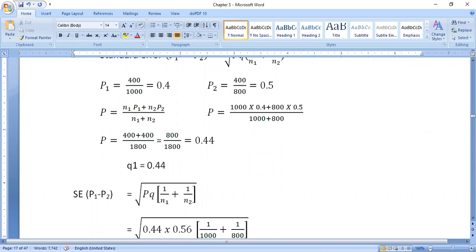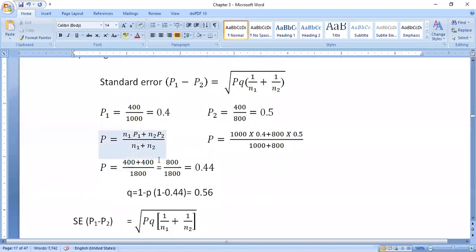Q is equal to 1 minus P. That is 1 minus 0.44, which is equal to 0.56. This value is called the Q value, that is the probability of failure.